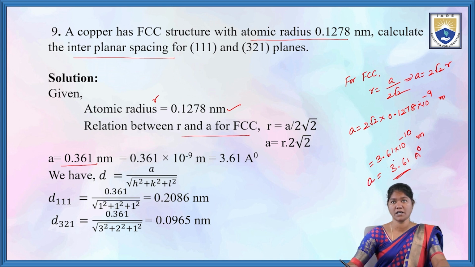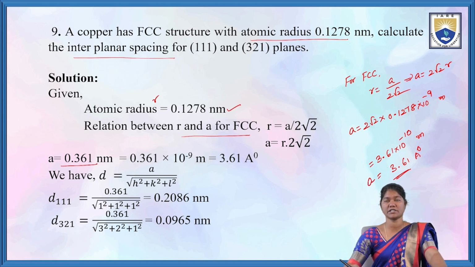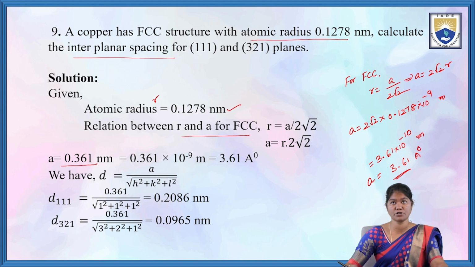So this is the A value: A equals 3.61 angstroms, as 1 angstrom equals 10 power minus 10 meters.